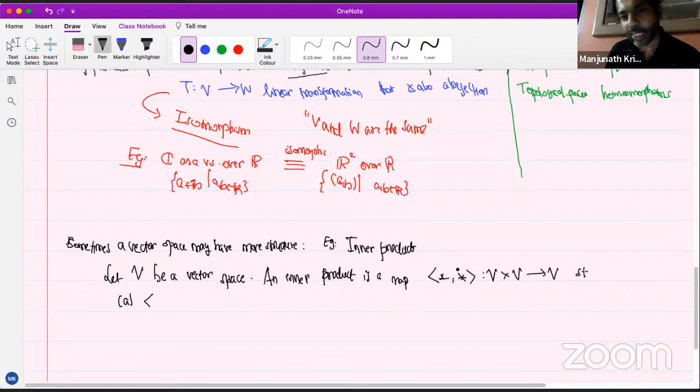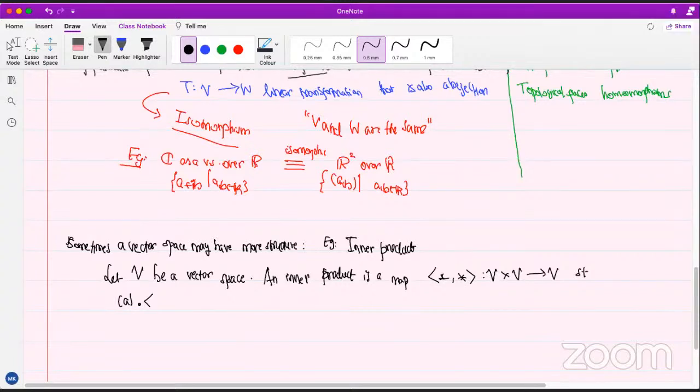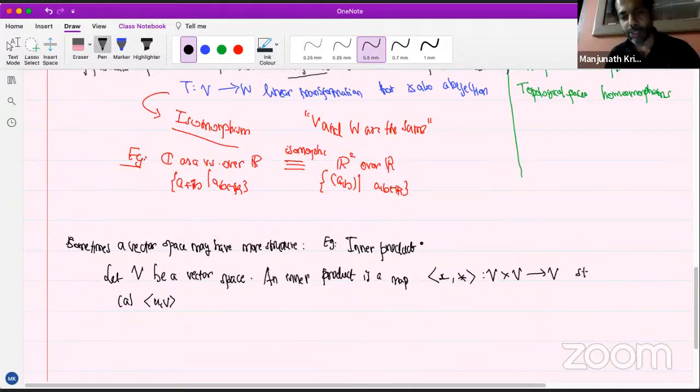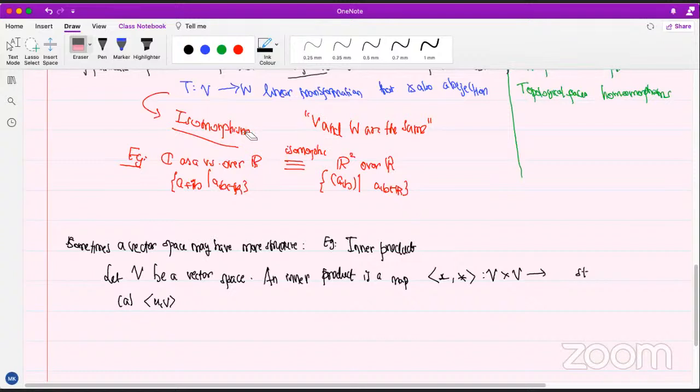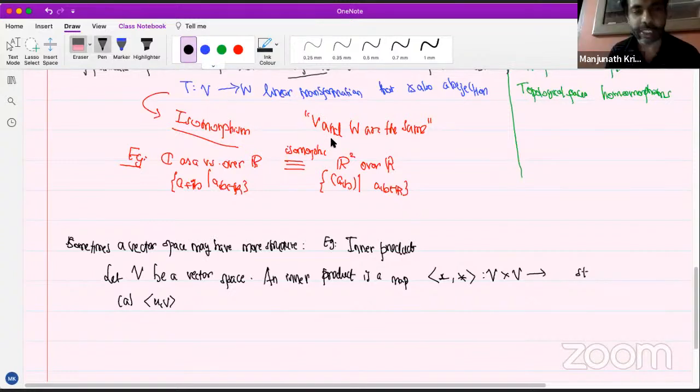Here I just write star and star to mean that you put any two arguments from this vector space. Sorry, it's not to V, it's to scalars, which is in this case R or C.